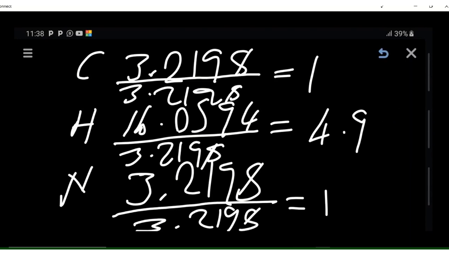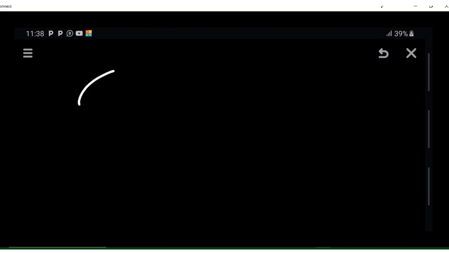So I'm just writing a 5 here. So now my empirical formula is CH5N, as required.